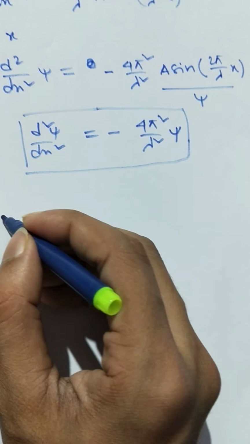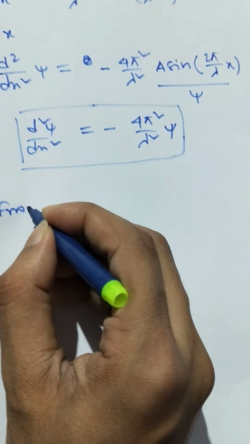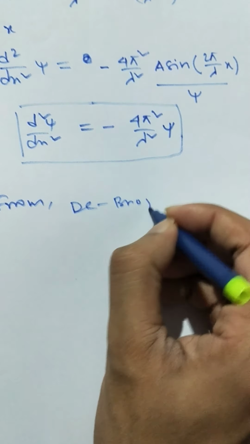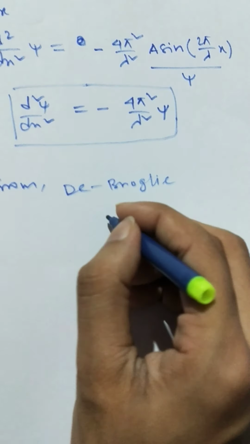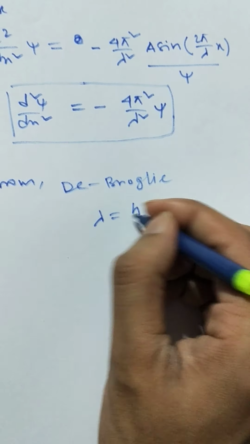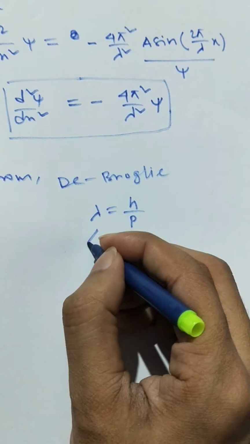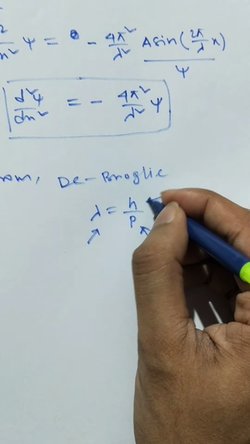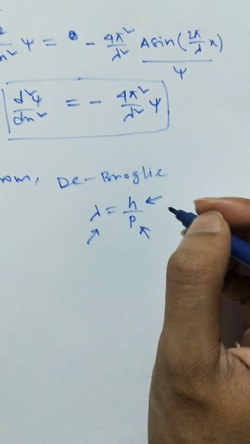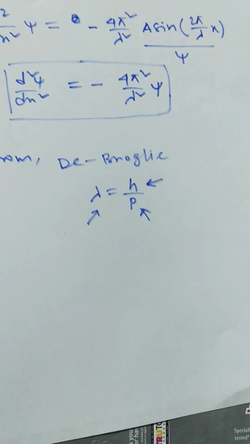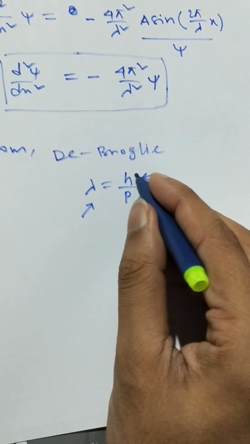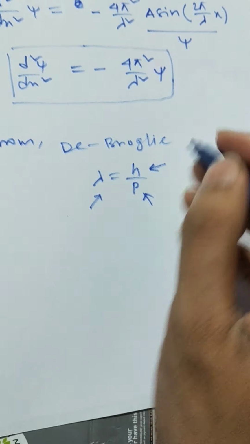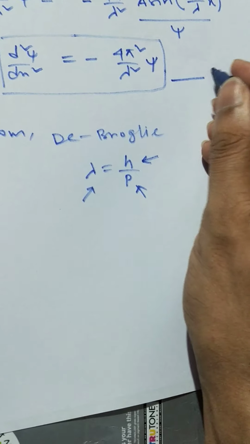Now from the de Broglie equation, we get lambda equals h by p, where lambda is wavelength, p is momentum, and h is the de Broglie constant. Then this is equation 1.